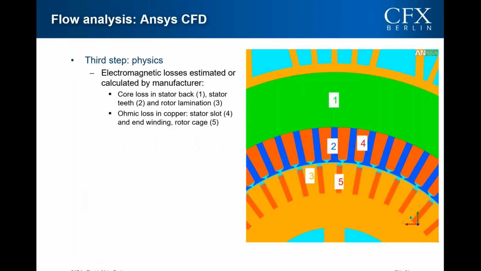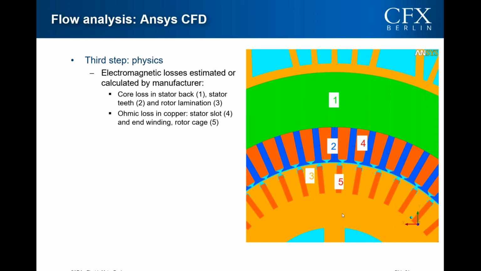Another important part of the physics definition are the losses of the machine that are heat sources for our calculation. First, we have electromagnetic losses that were estimated or calculated by the manufacturer. Core losses occur in stator back and stator teeth, as well as in the rotor lamination, this orange part.